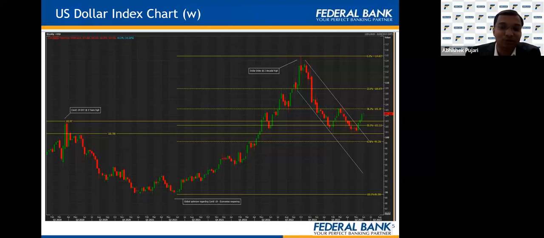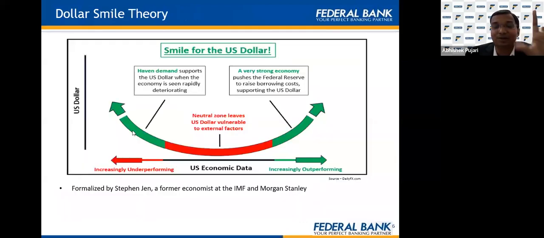At that point of time, the dollar index was doing good. This is particularly explained by the dollar smile theory. So if you are sitting in US, it's good for you. When the global economy suffers, it's good for the dollar. If the US economy is doing good as compared to others, again the dollar index will appreciate.